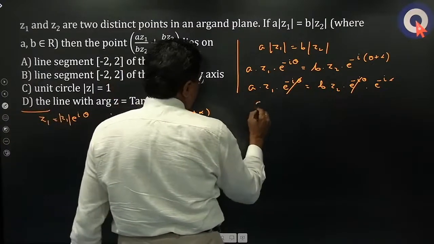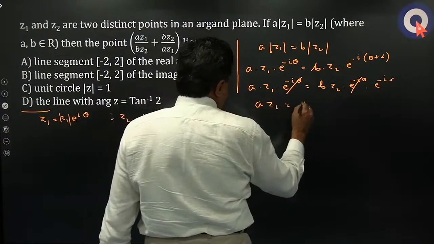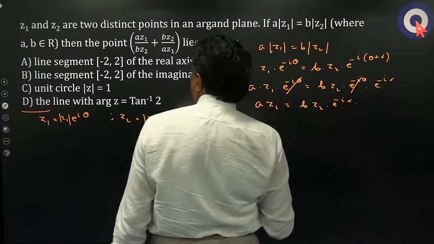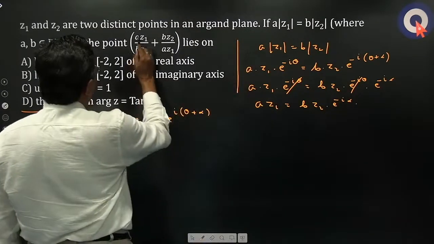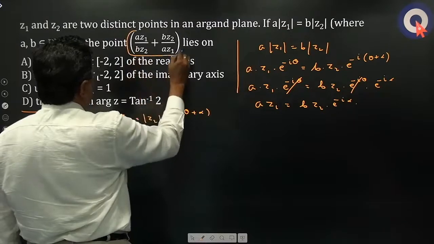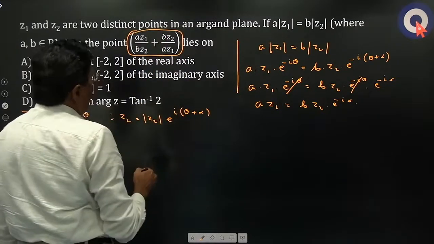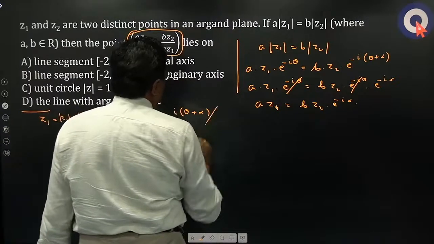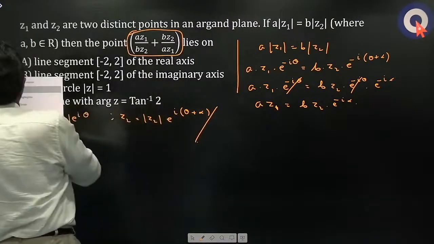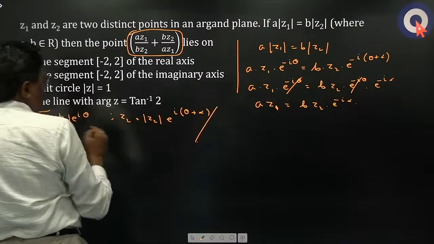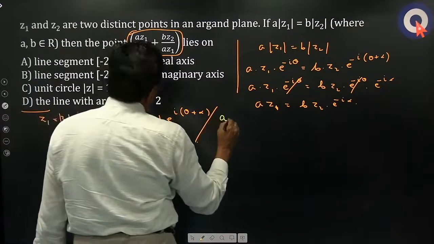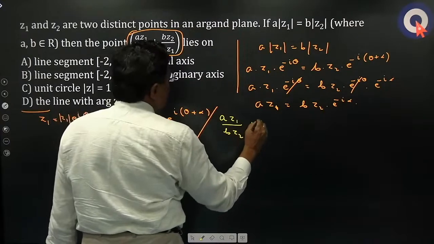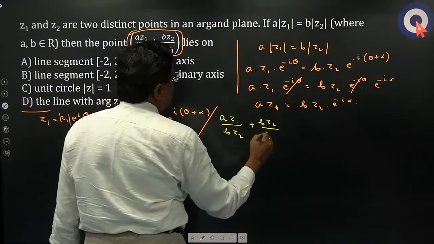So you have A into Z1 is equal to B into Z2 into e power minus I alpha. So what is then the point, this point we are talking about? A Z1 by B Z2 plus B Z2 by A Z1.